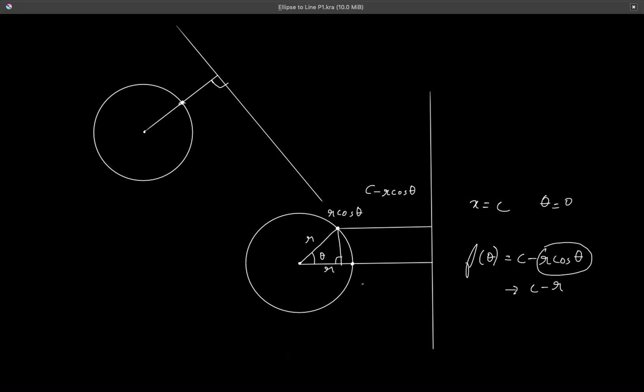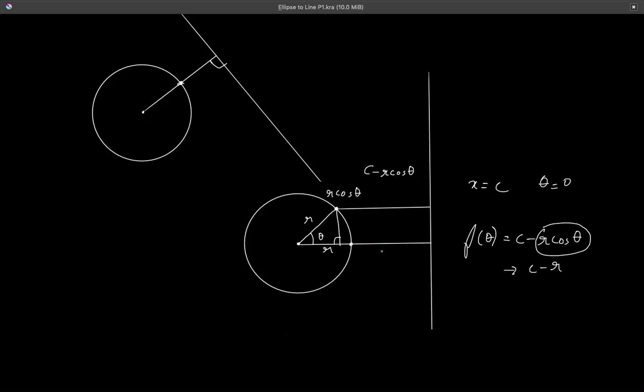So now we have proven this fairly simple, or intuitively obvious, theorem. Let's proceed further. What we're going to actually do is generalize this result to ellipses.